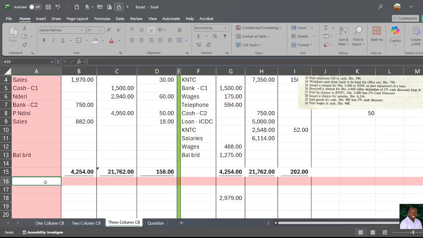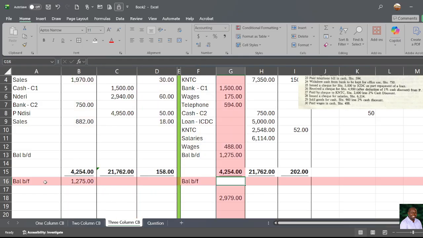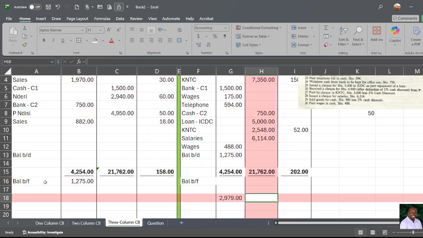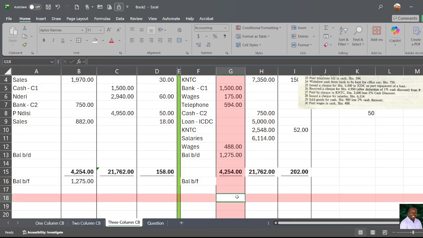So once we have our balance brought forward, we will have another balance brought forward on this side. For cash, the balance is here, 1275. Then for the other side, let me look and see how it is. Okay, let me remove that one, I was just using it for my own calculations.